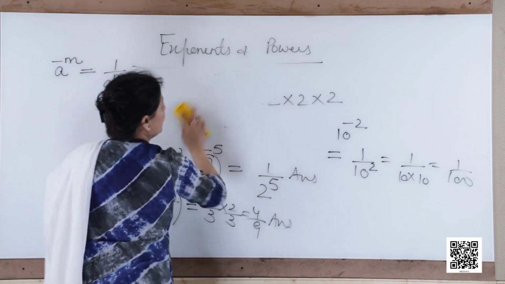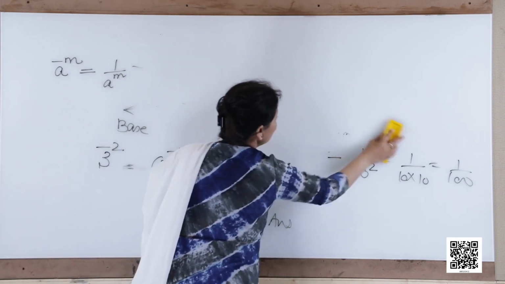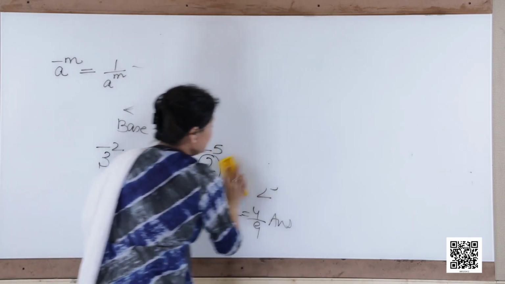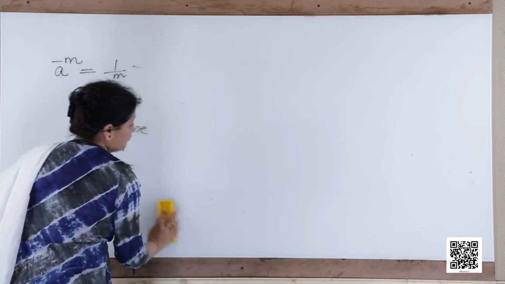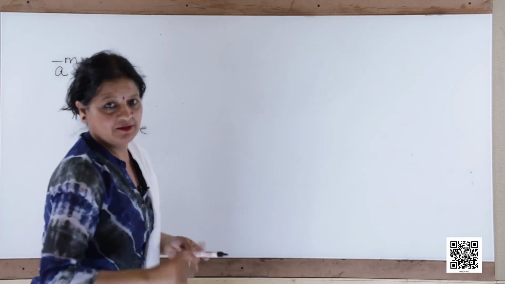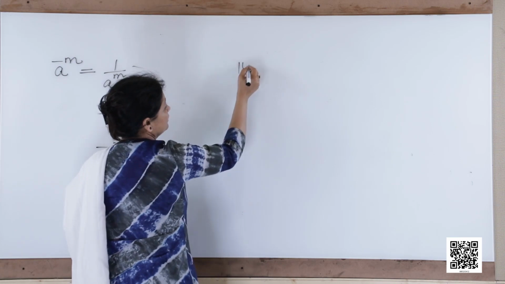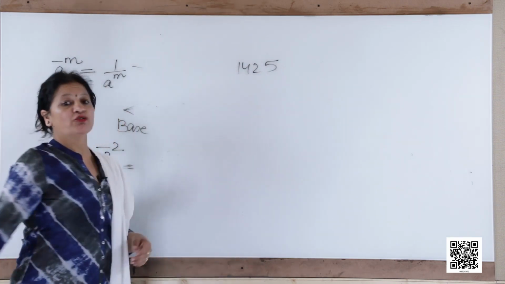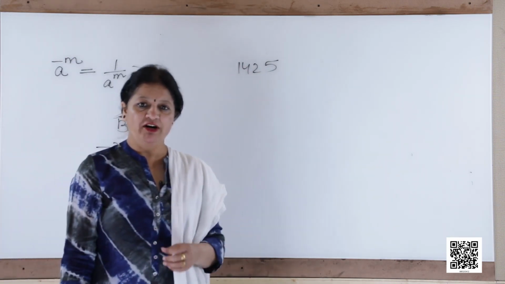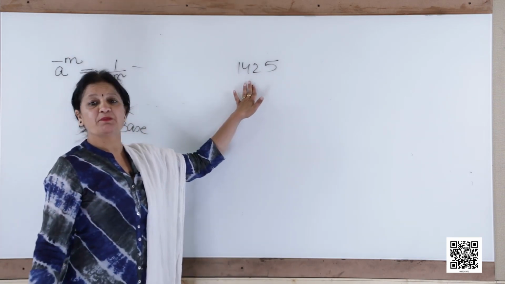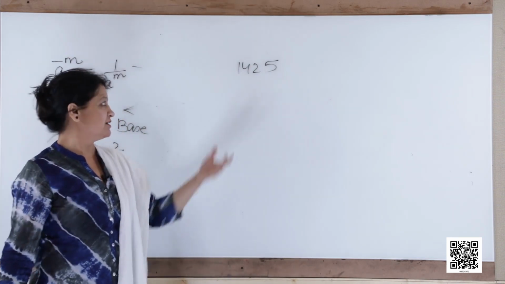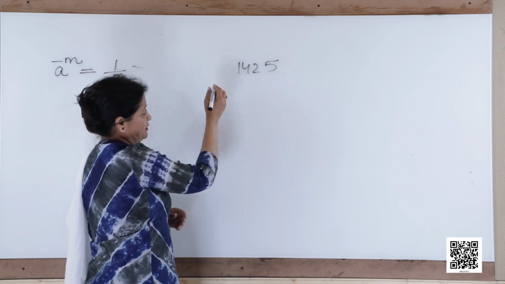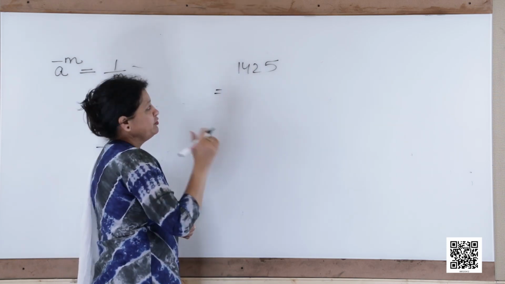Now, all of you have done how to write any number in expanded form using exponents. Like you have already done in 7th class, to write 1425 in expanded form using exponents. How can we write it?